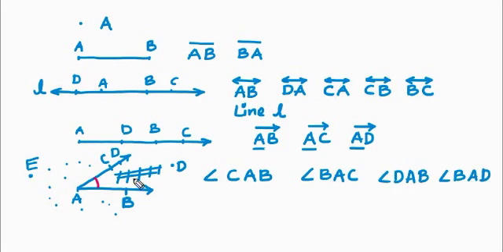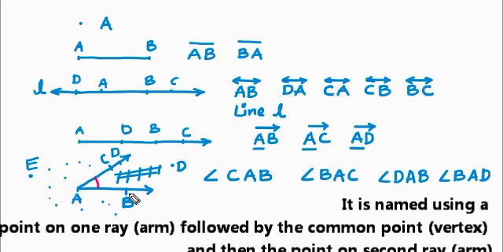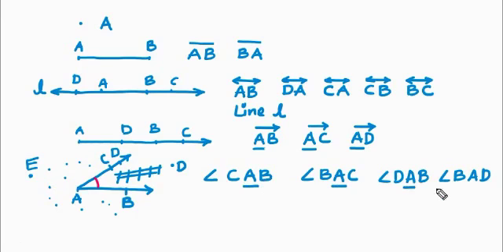So we use a point on one ray, the common point, and a point on the second ray. The order doesn't matter, but the common point has to be the center letter. For a point I am using only one letter.